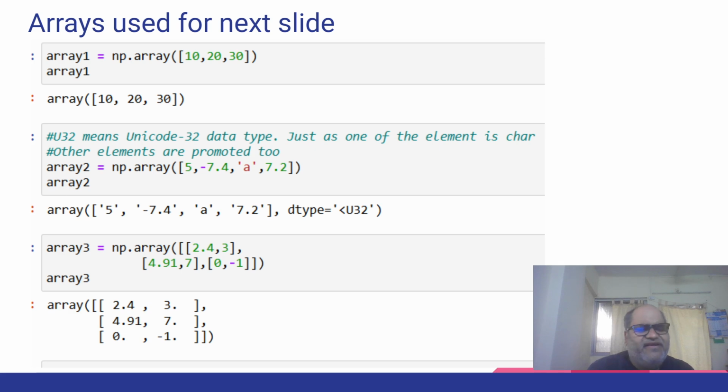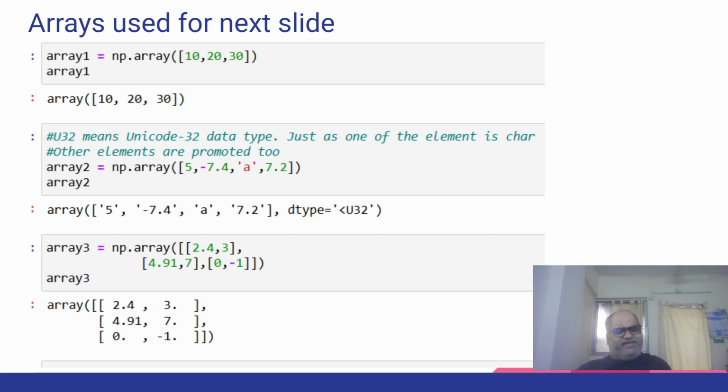Then finally we have our array 3, where we have given a two-dimensional array with 2.43, 4.917, 0 and minus 1. You can see it has 3 rows and 2 columns.